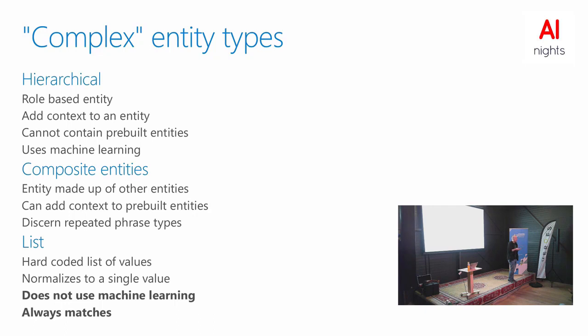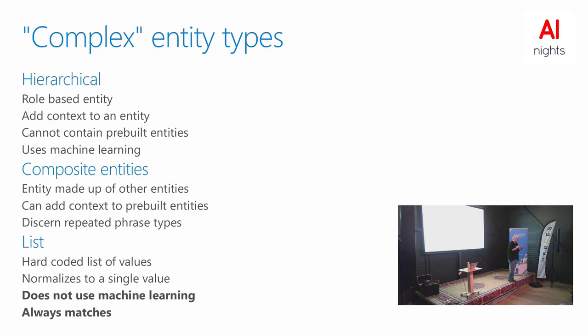So for example, if you know that you only have 5 sizes, and that's all that you will ever have, that you will have extra small, small, medium, large, and extra large, 5. And that's all you're ever going to have, a list entity is perfect for that.